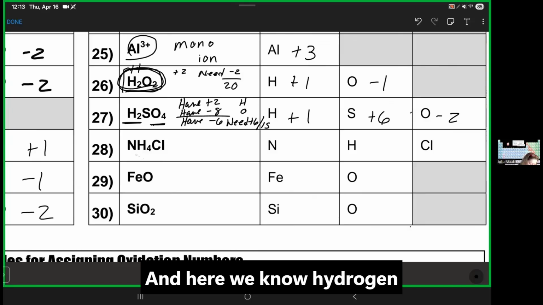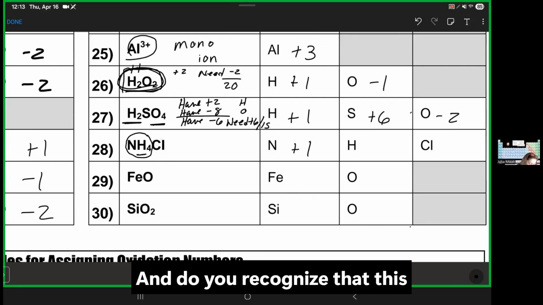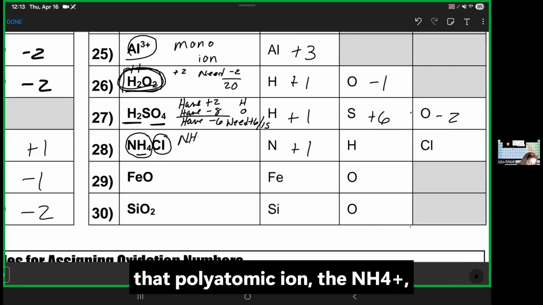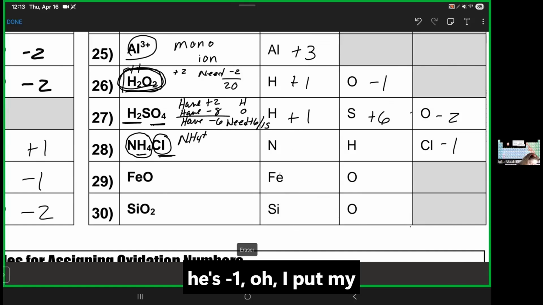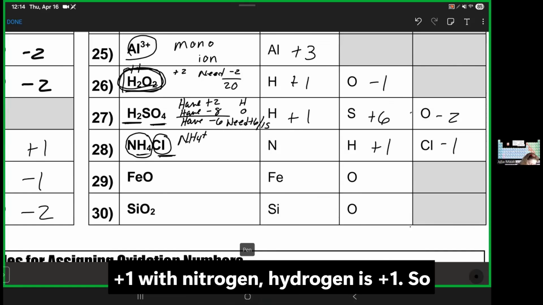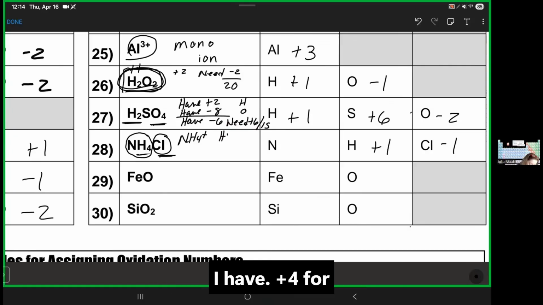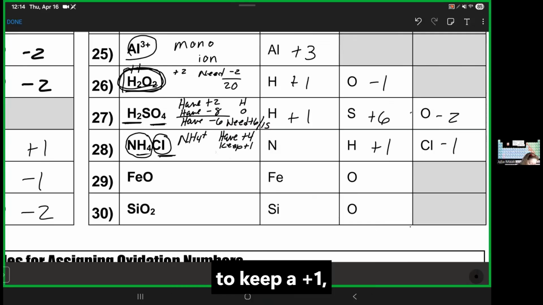Here we know hydrogen is +1. And do you recognize that this is ions? So we're pulling out that polyatomic ion, the NH4+. This is a monoatomic ion, so he's -1. Hydrogen's +1. So if we're looking at that NH4, I have +4 for my hydrogens. I want to keep a +1.